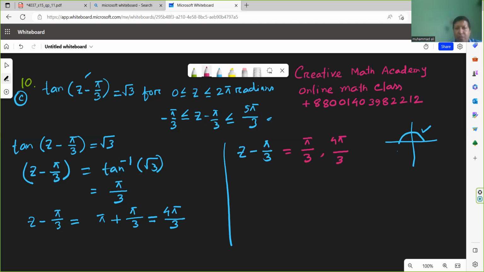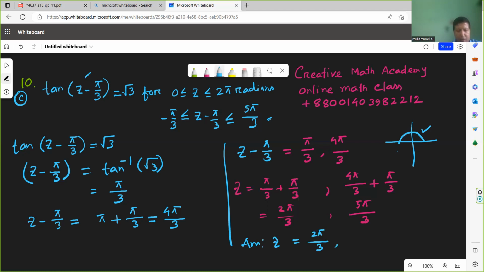So z equals pi by 3 plus pi by 3, which is 2 pi by 3, and 4 pi by 3 plus pi by 3, which is 5 pi by 3. Final answer: z equals 2 pi by 3 and 5 pi by 3.